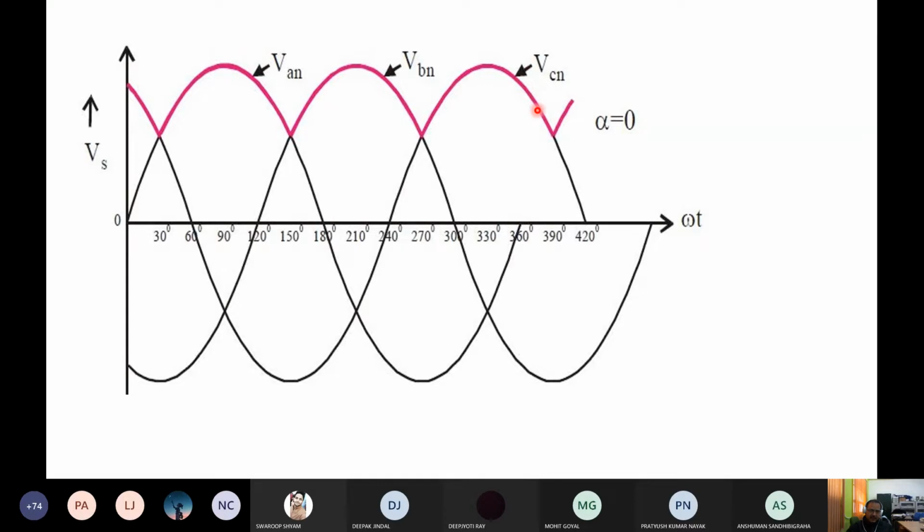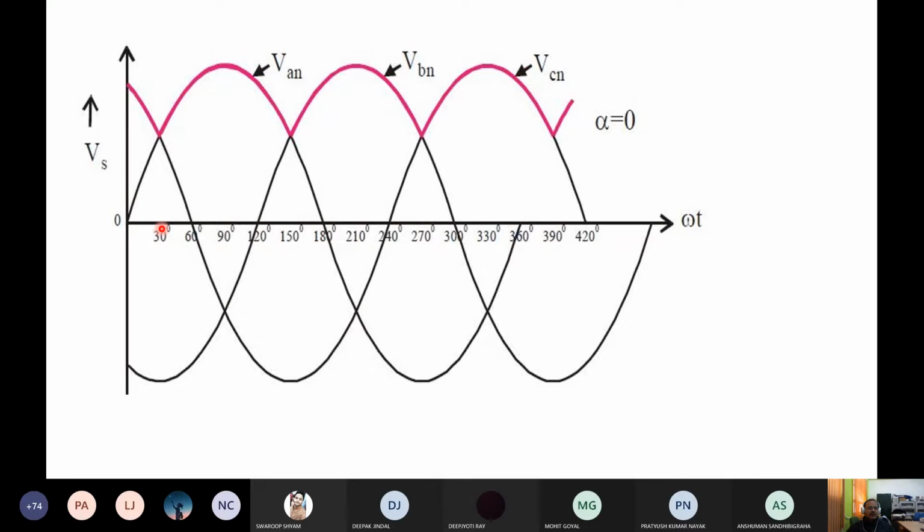Here SCR3 is conducting, so SCR1 and SCR2 are reverse biased. So you cannot trigger before 30 degree. Minimum firing angle for a thyristor is 30 degree in this half wave controlled rectifier.